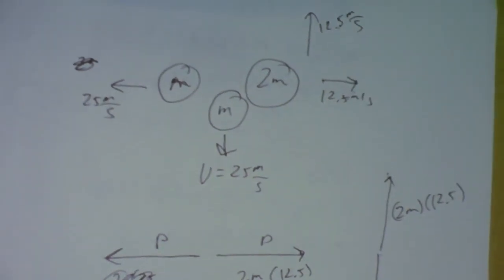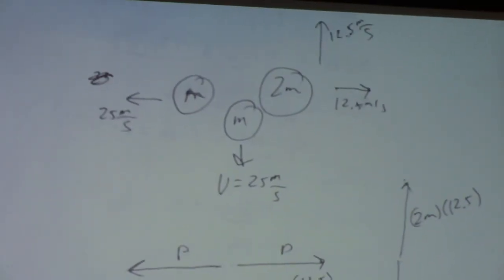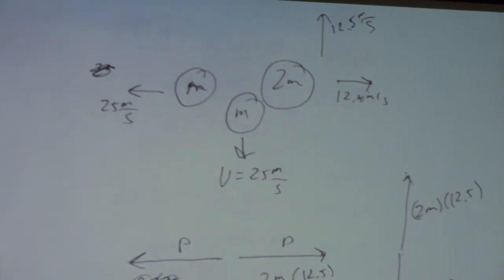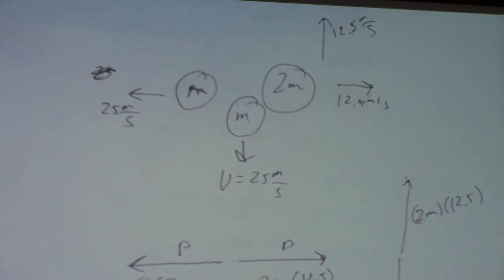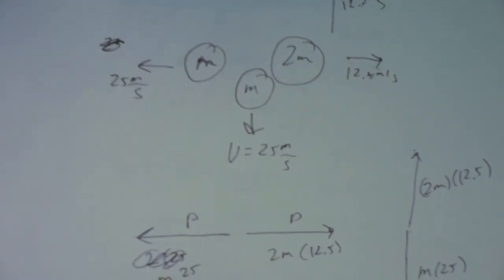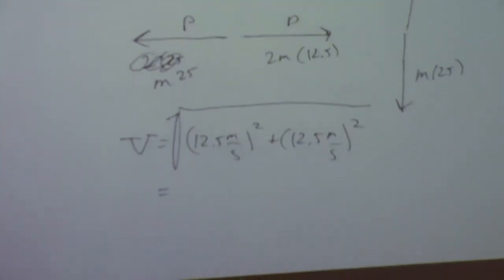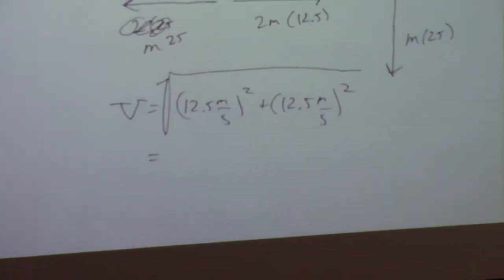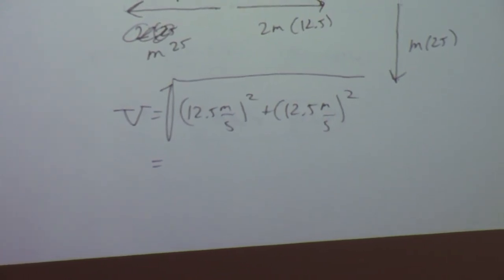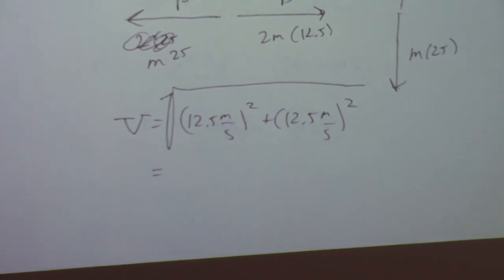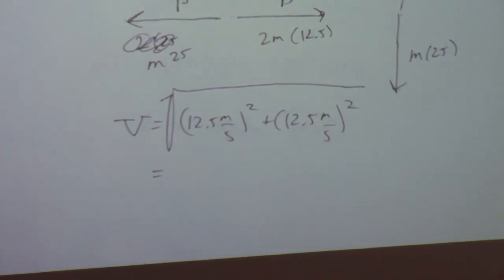Like the previous problem, we'll have to get the overall. So the overall would be 12.5 squared, that's the x part, plus the y part squared. You can't just add them together and say 25. You've got to add them like this. So 1.4 times 12.5, whatever that turns out to be.